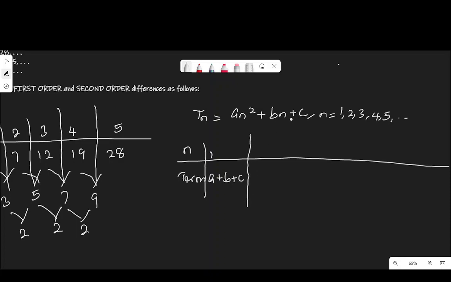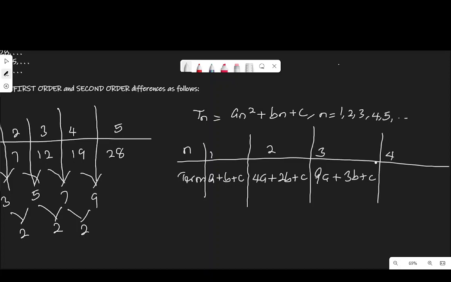If I put n equal to 2, 2 squared is 4, 4 times a is 4a, 2 times b is 2b, plus c. What about n equal to 3? 3 squared is 9, 9 times a is 9a plus 3b plus c.